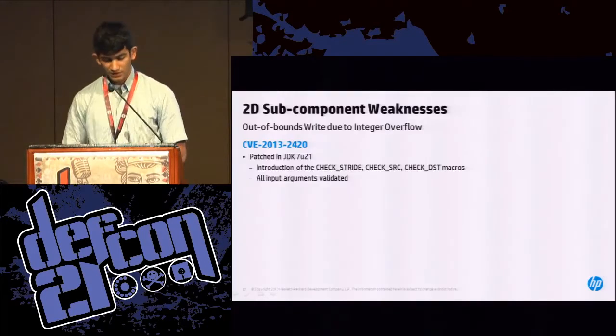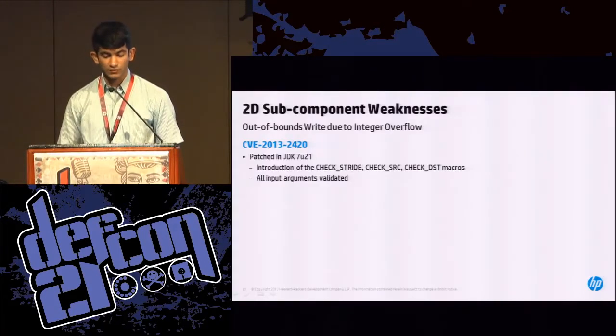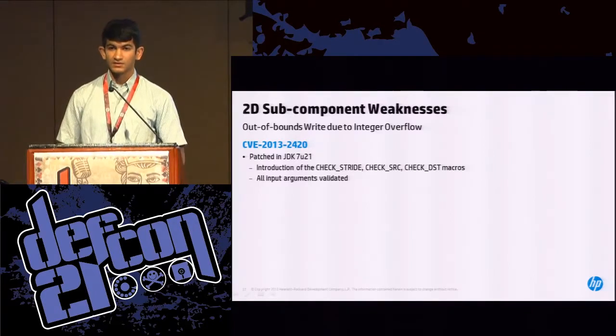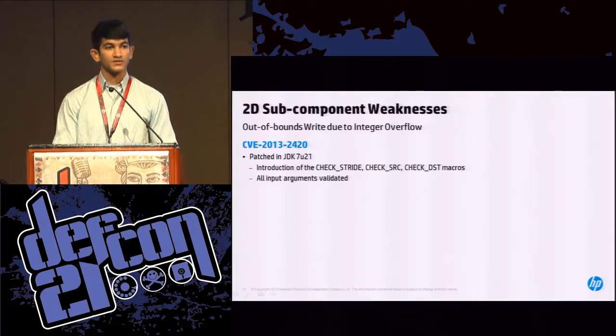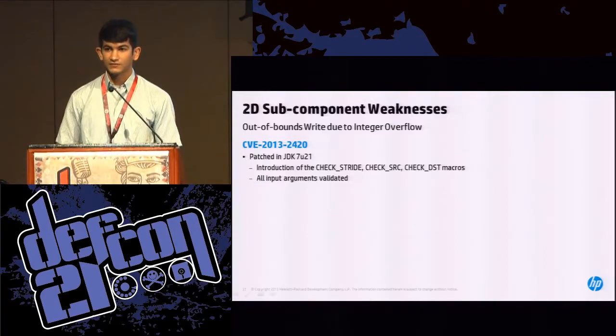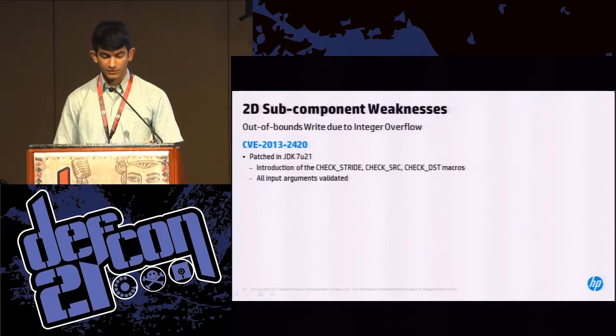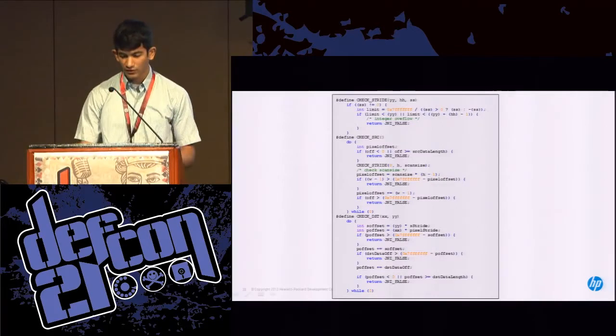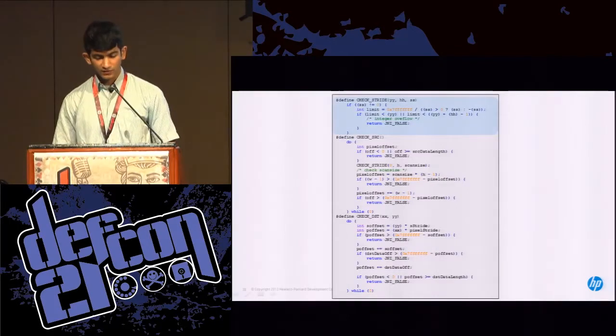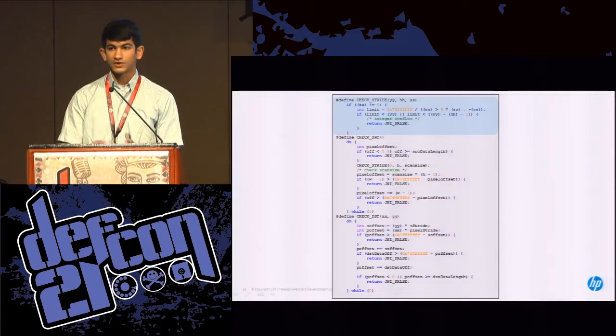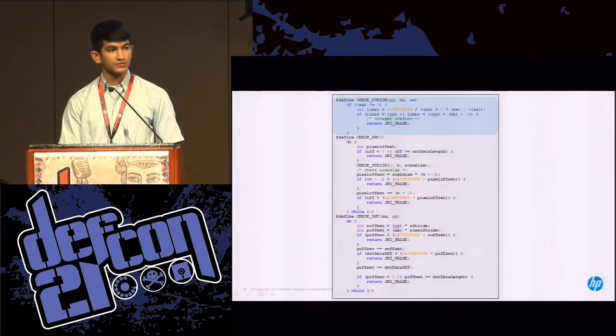So this was patched in JDK 7 update 21 through the use of 3 new macros: CHECK_STRIDE, CHECK_SOURCE, and CHECK_DEST. And in addition, Oracle actually did proper patching of this function by validating every argument to this function. So here are the 3 macros that were added, and you can see that they're checking for any integer overflow by actually doing the calculations.